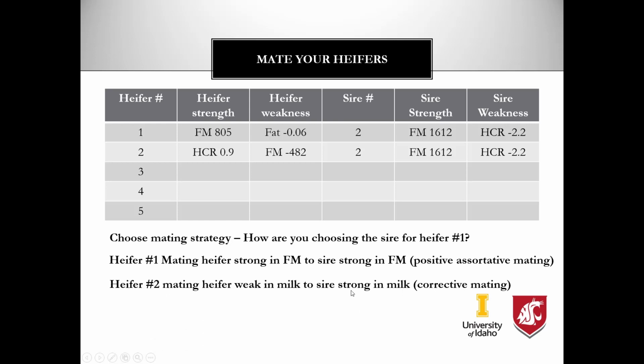And so in heifer 2, that's exactly what we did. We mated her to one that would improve her milk yield, which she was poor in, and to a sire that was poor in heifer conception rate because that was her strength.